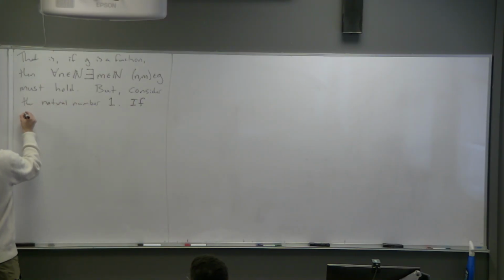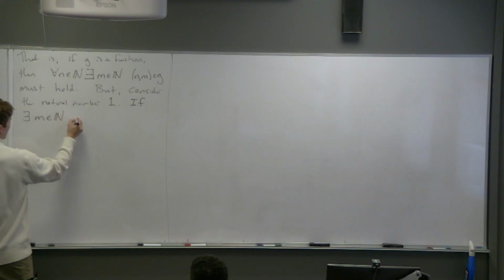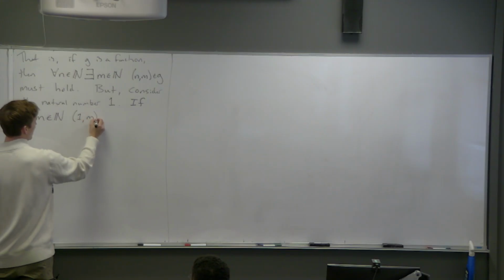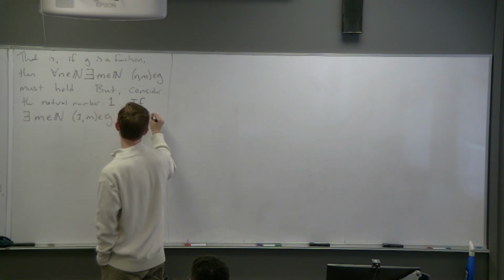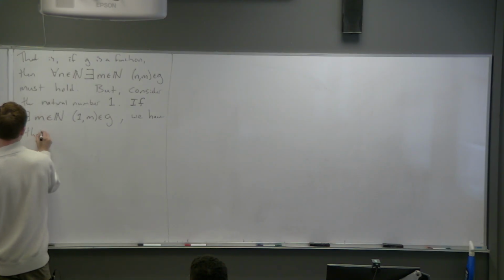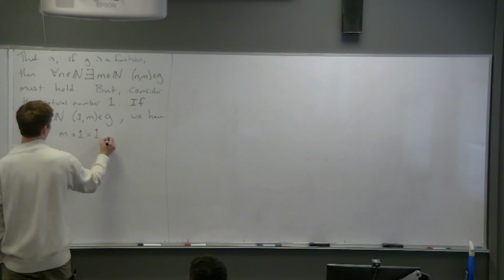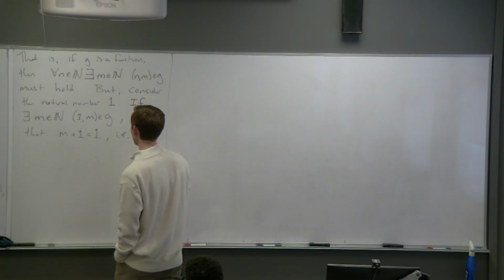If there exists m in N such that (1, m) is in G, we have that m plus 1 equals 1, i.e., m equals 0.